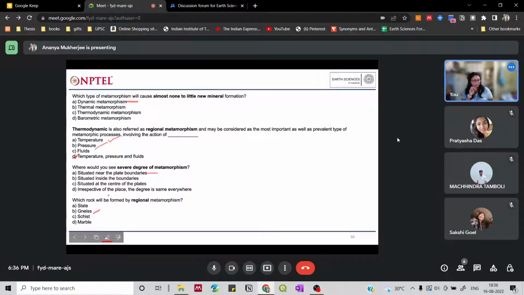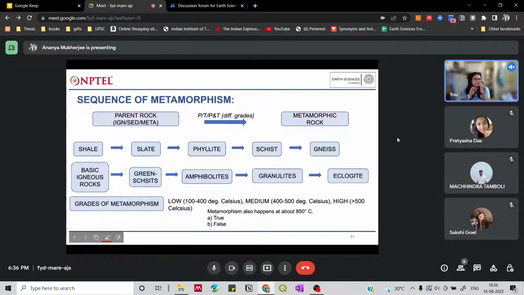Now we see this sequence of metamorphism. We learned that there are different kinds of metamorphism depending on how much pressure change and how much temperature change is happening. The next thing we need to know is the sequence of metamorphism. Why is it required?